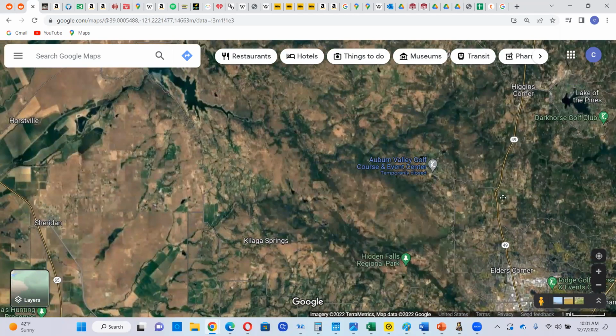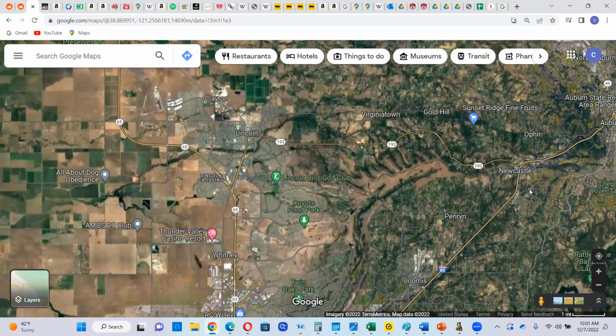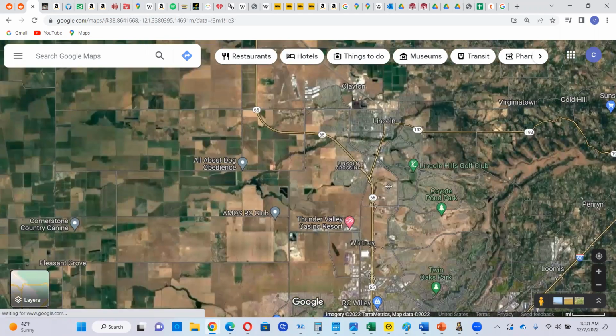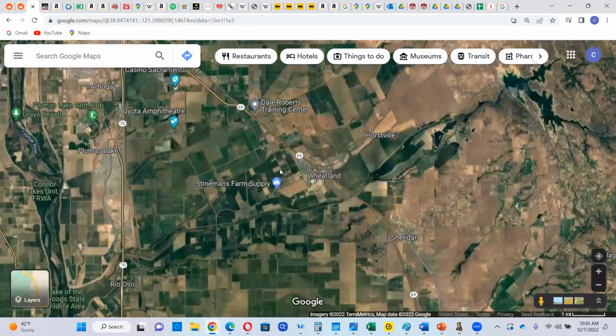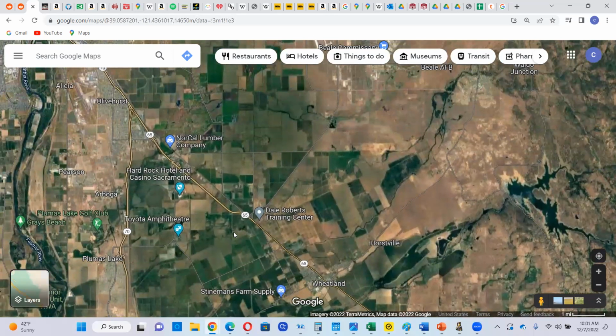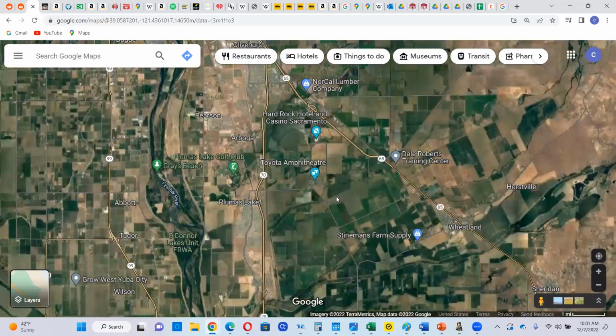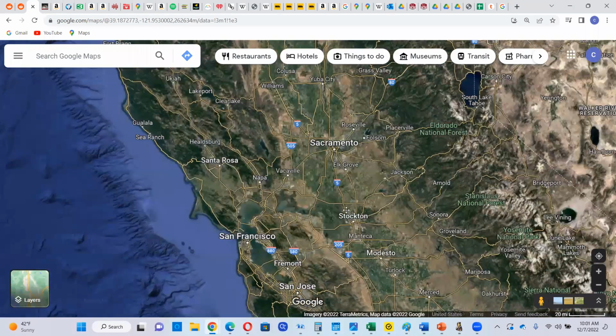Auburn. There's Auburn. Oh, we're way up into the Sierra. How come it didn't go back to where I was? All right, let me go way out. We're way north of Sacramento.